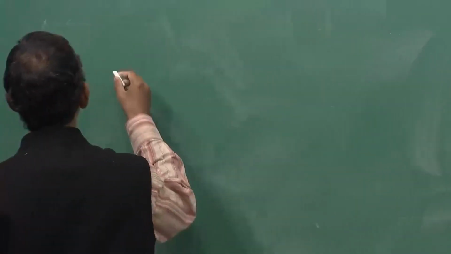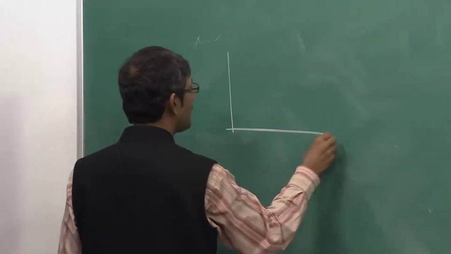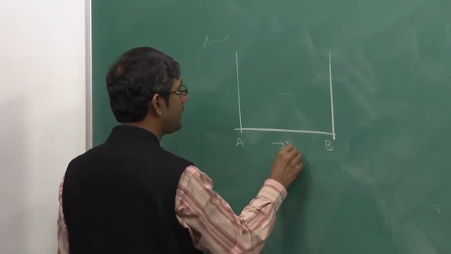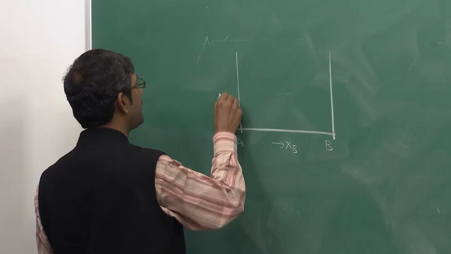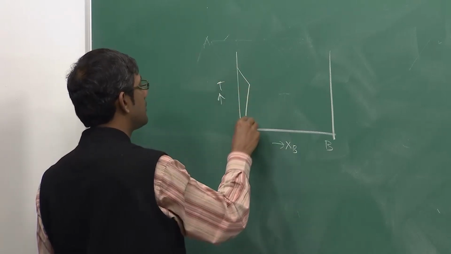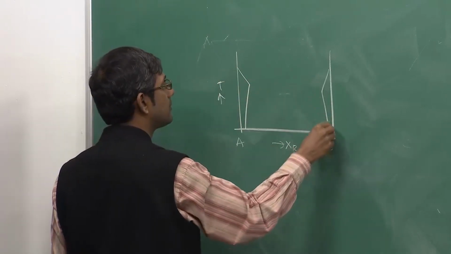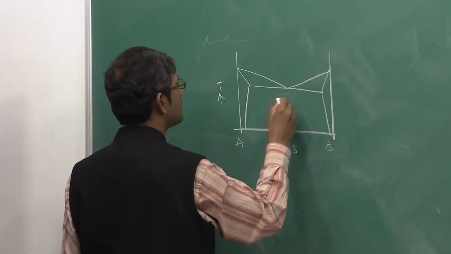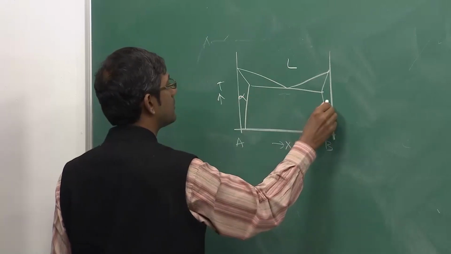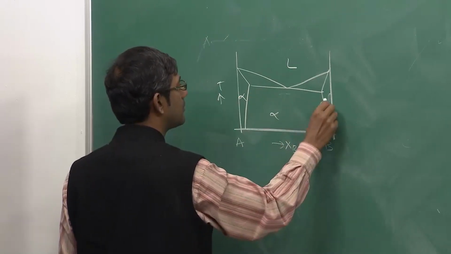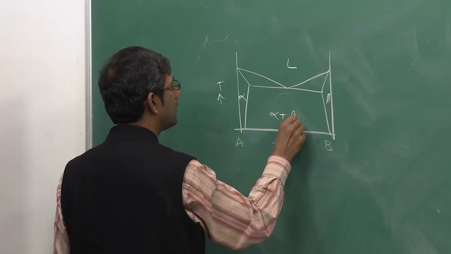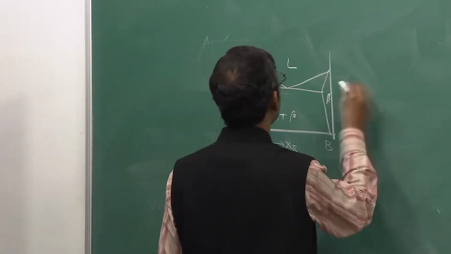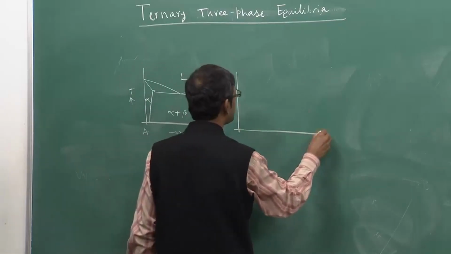So what I am going to say is, very carefully try to understand, in a binary 3-phase equilibrium, temperature, three-phase equilibrium is represented by a tie line, by a horizontal line. This is for a eutectic.